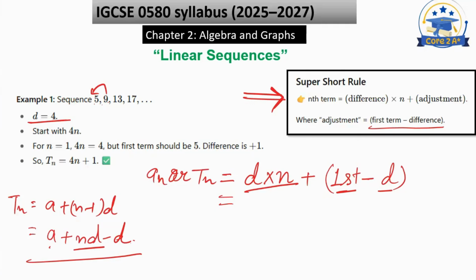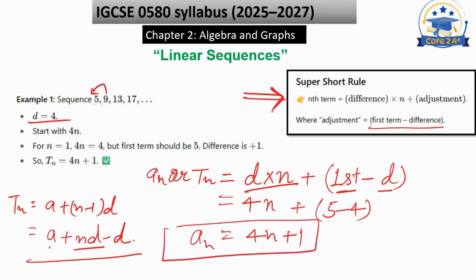So Dn, what is the difference? 4n, and plus the first term minus D. First term is your 5, and the difference is 4. So an or Tn, whatever, the nth term is 4n plus 1. And if it is asking the position, just put the value of n.